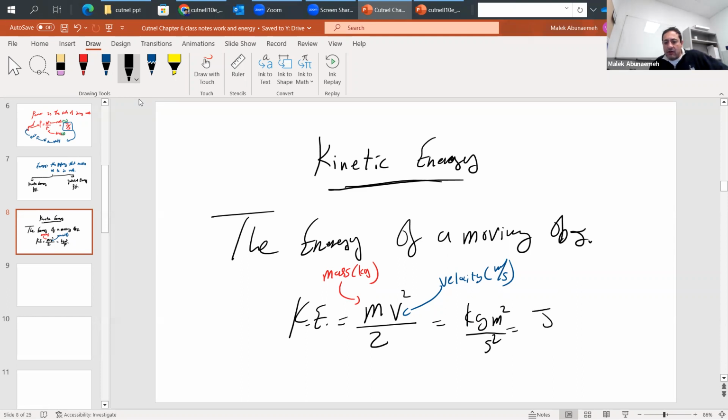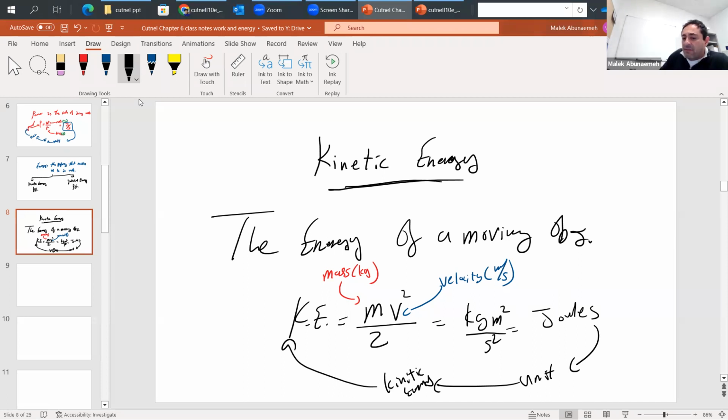And again, that's going to be your joule, which is your unit for kinetic energy. So your kinetic energy unit is always joule. Again, it's energy, so it has to be in joules. Your kinetic energy is mv squared over 2, which is kilogram meters squared per second squared.